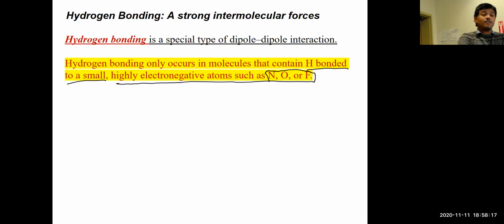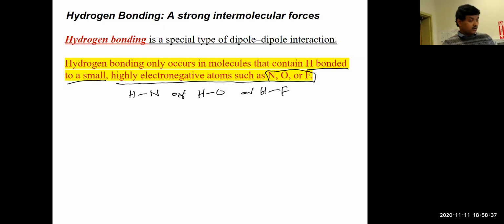But if you have hydrogen directly on nitrogen, or hydrogen directly on oxygen, or hydrogen directly on fluorine, then only do you have hydrogen bonding. Otherwise, it will be just a simple dipole-dipole interaction.